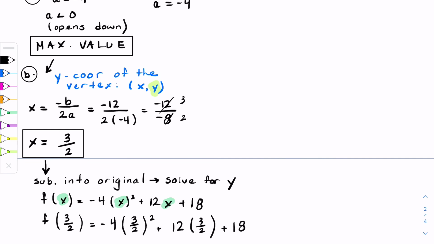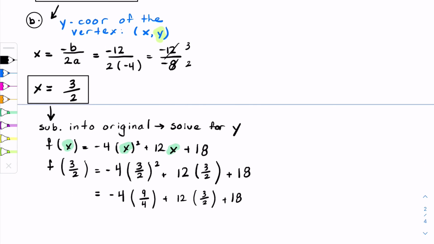All right, so I replaced all values of x with my fraction. And next I'm just going to work on simplifying this. I have -4. 3 over 2 squared is the same thing as 9 over 4 plus 12 times 3 over 2 plus 18.